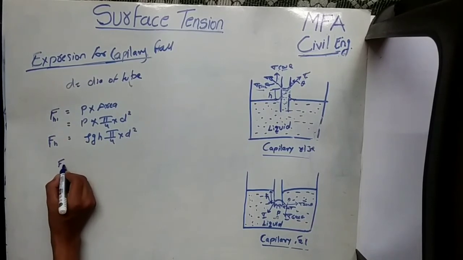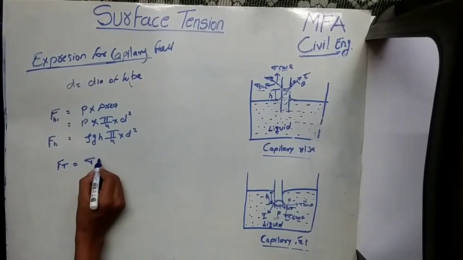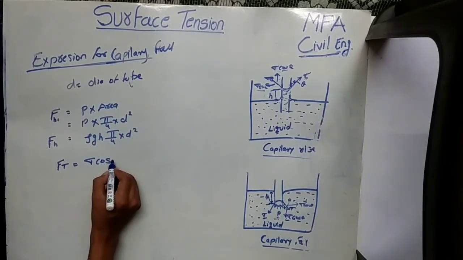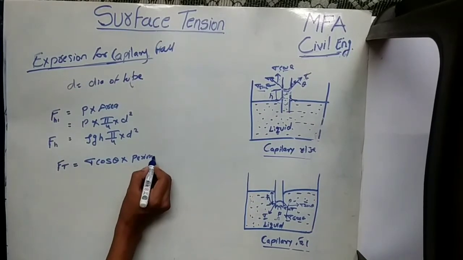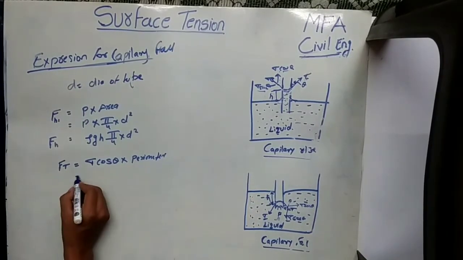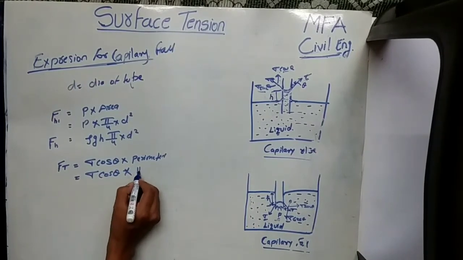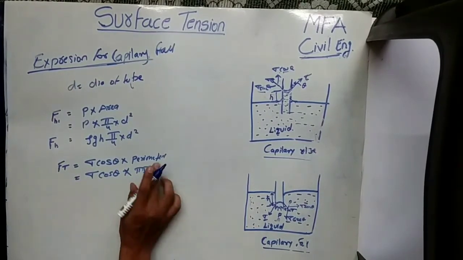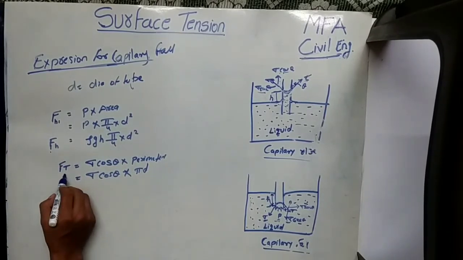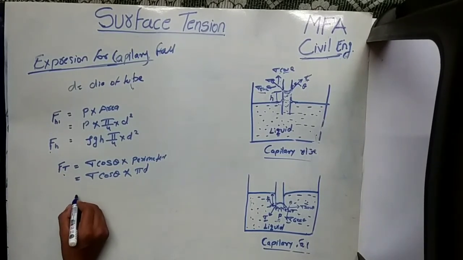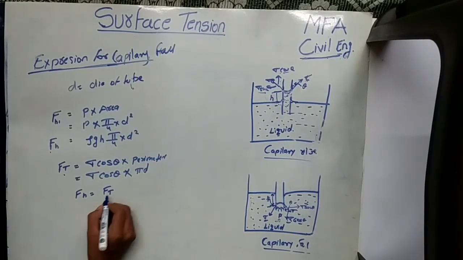Now the force due to surface tension is equal to surface tension cos theta into the perimeter of the meniscus. The perimeter is pi into d. For the equilibrium condition, both the hydrostatic force and the surface tension force should be equal.